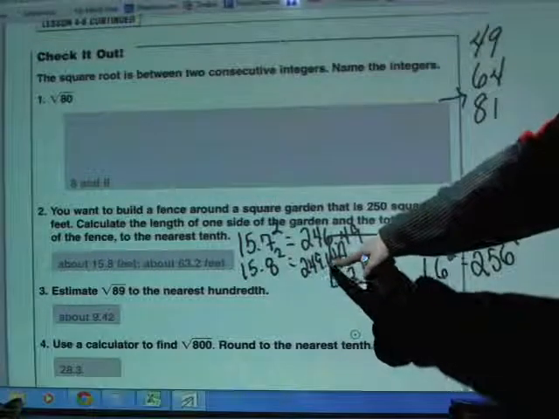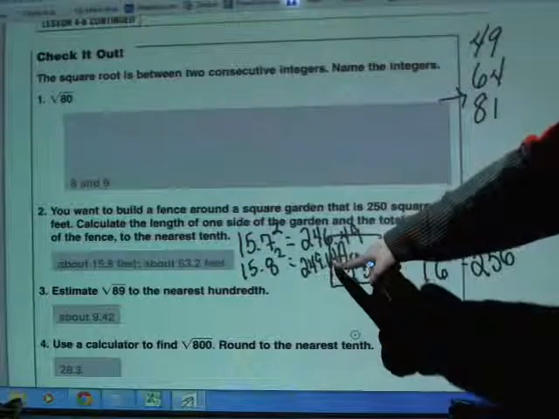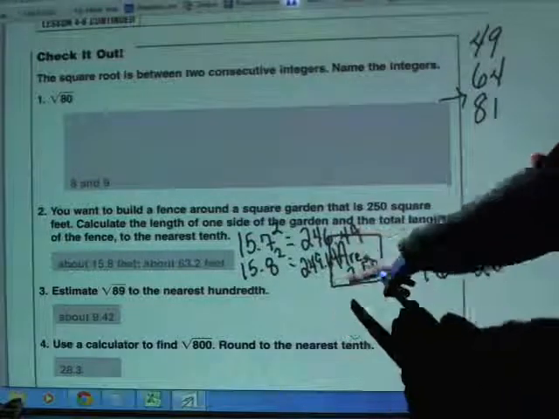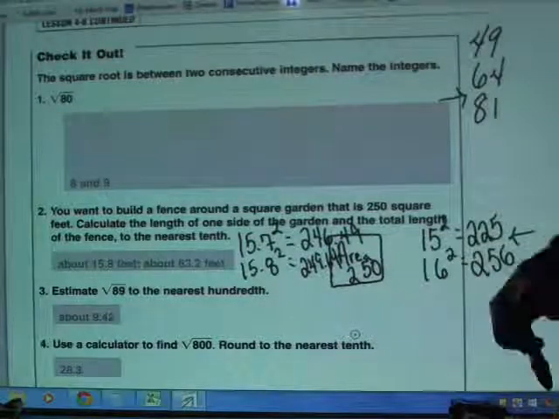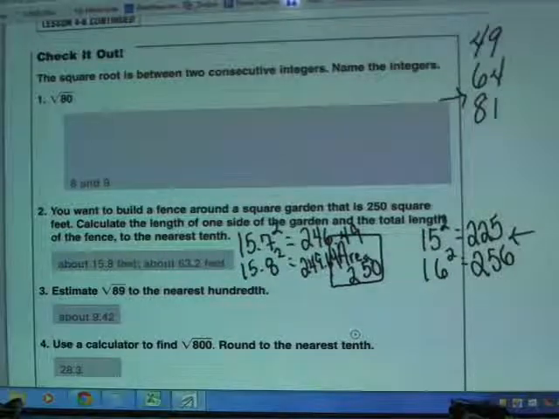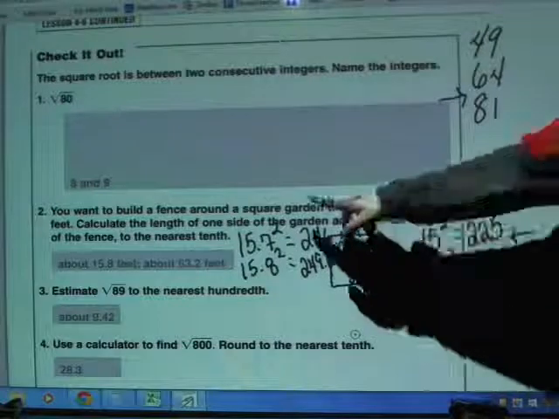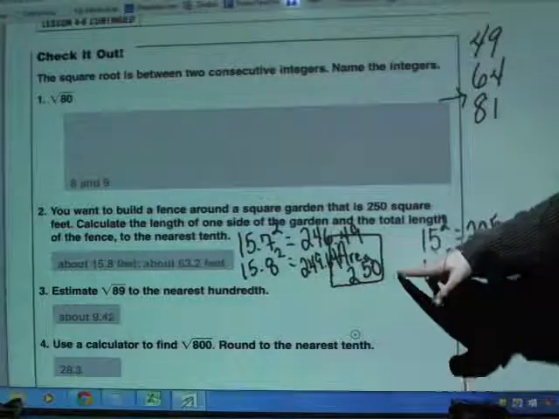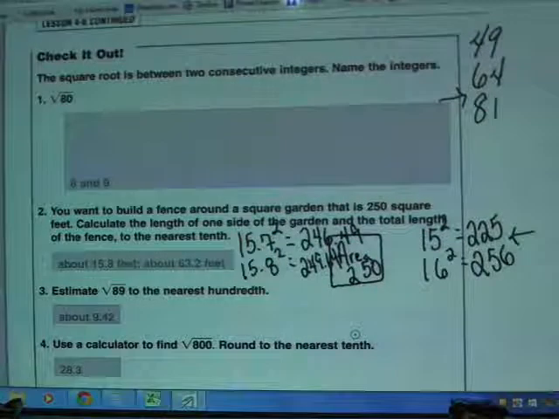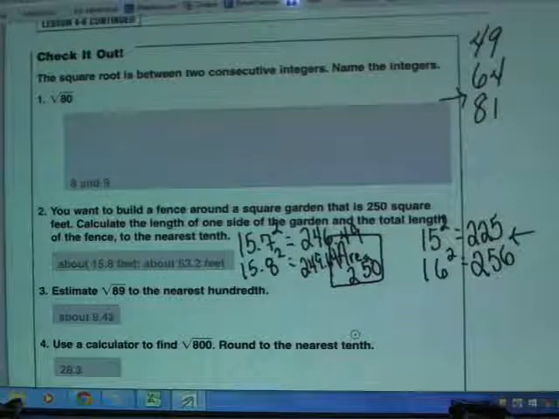So this is as close as I can get, so the length of the side of the square is going to be about 15.8 feet. Then they're asking me to find the length of the fence. Well, if there's a fence on each side, I'm taking that distance that I just found and multiplying by 4, and that's how they come up with the 63.2 feet.